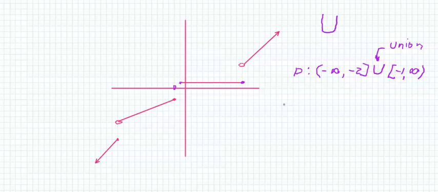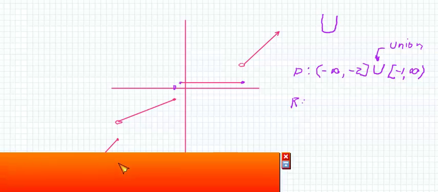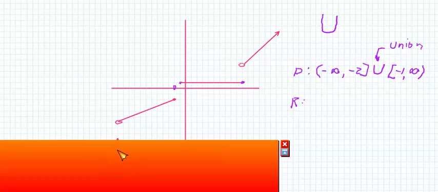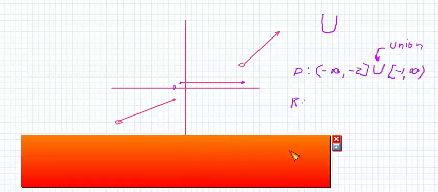All right. Now our range, we go from negative infinity to right here. 1, 2, 3, 4, 5, 6, 7, 8, 9.